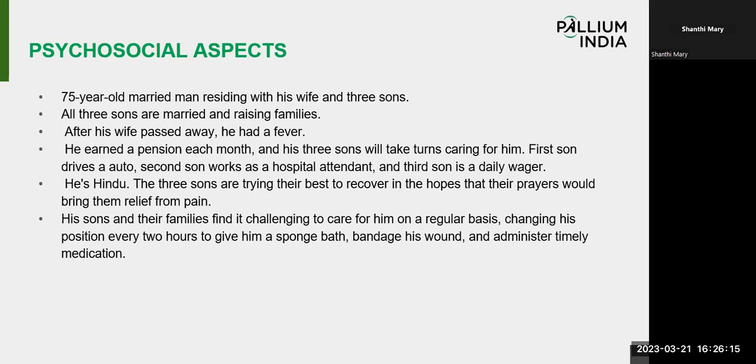His sons and their families find it challenging to care for him on a regular basis: changing his position every 2 hours, giving him a sponge bath, bandaging his wound, and administering timely medication.